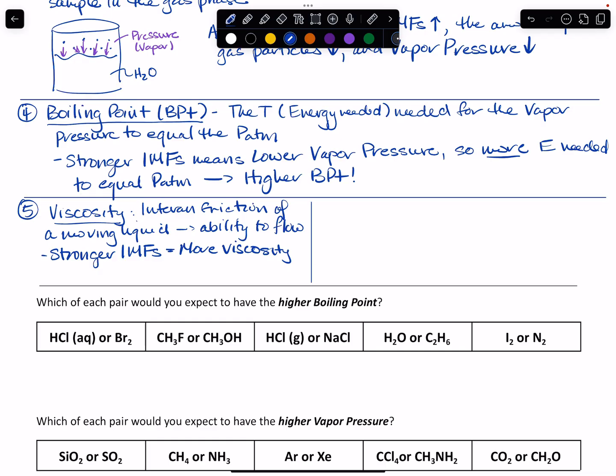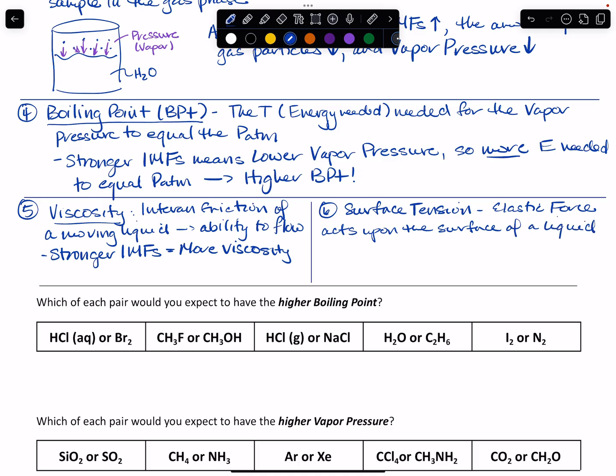And then last, surface tension. Surface tension is weird. It's an elastic force that acts upon the surface of a liquid.